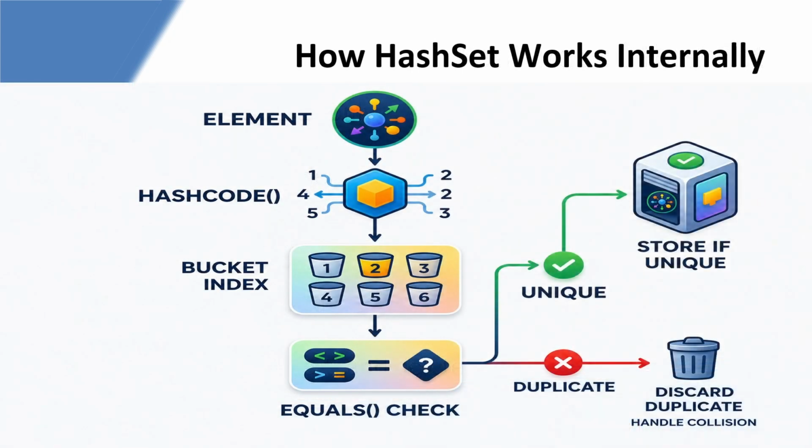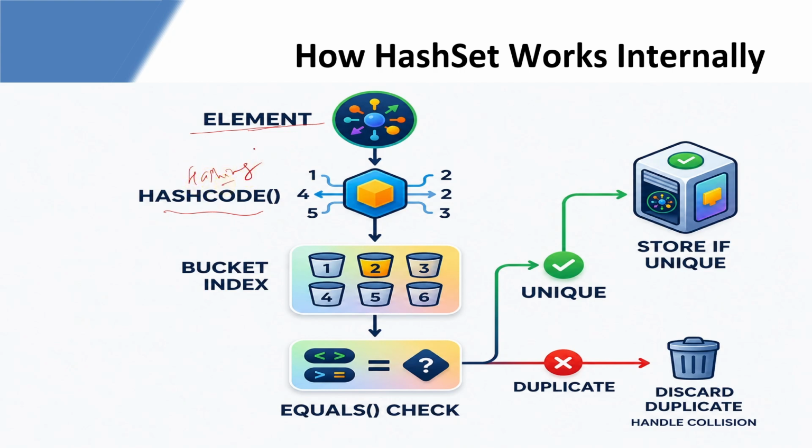Now we will see how HashSet works internally. So whenever we insert an element, how does it work? First of all, it will generate a hash code for this element using hashing.